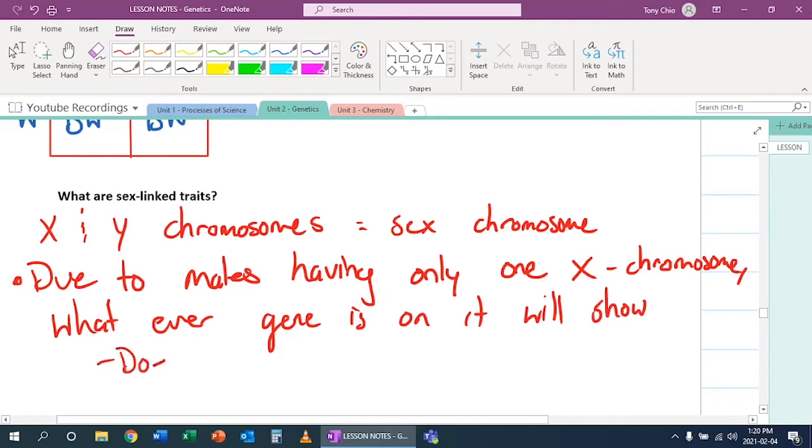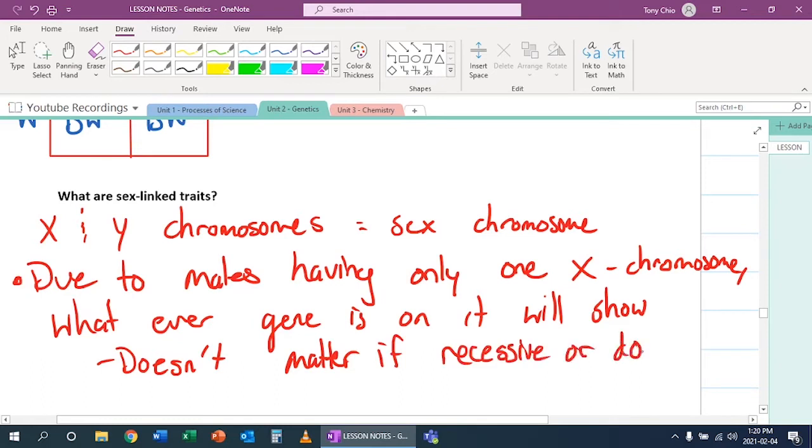So it doesn't matter if it's recessive or dominant. It could be something bad, for example, and it will show no matter what. It could be something good, but it will show no matter what.